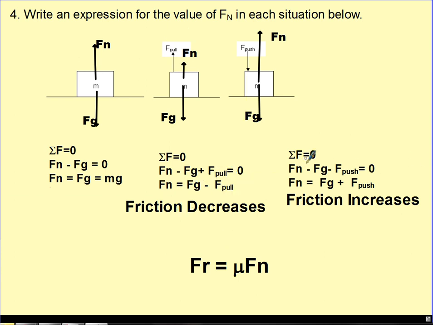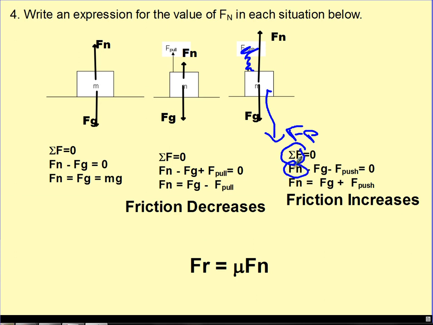Now let's look at this one. Sum of the forces equals 0 in this case, and I'm going to redraw the force so that it's pointing down so I can be very, very clear and correct. I'm just going to call that F push. I'm going to scribble through this because I don't want to see it. So, sum of the forces is 0. This is the arrows. What arrows do I have pointing up? Just my normal force.